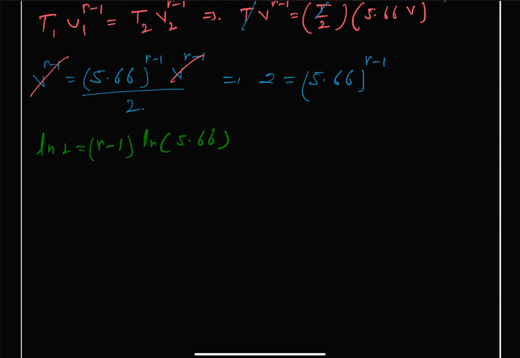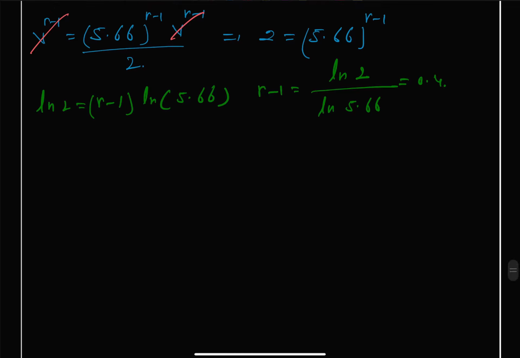So we can say that gamma minus 1 is equal to natural log of 2 divided by natural log of 5.66, which will be coming as 0.4. Therefore our gamma is equal to 1 plus 0.4, giving us 1.4. So we got the value of gamma.